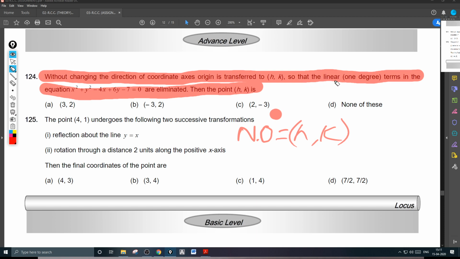And so that the linear, first degree, this is not 1 degree, we call it first degree, terms in the equation are to be eliminated. Very simple, please.